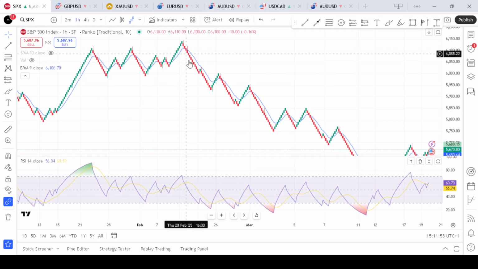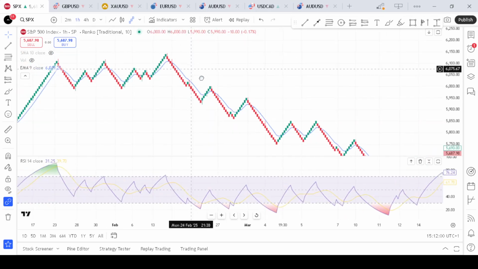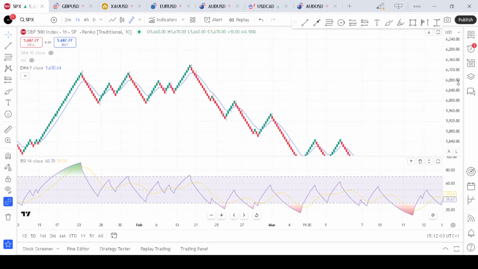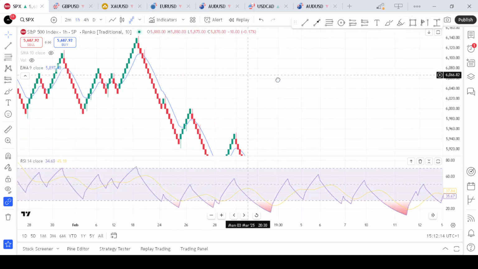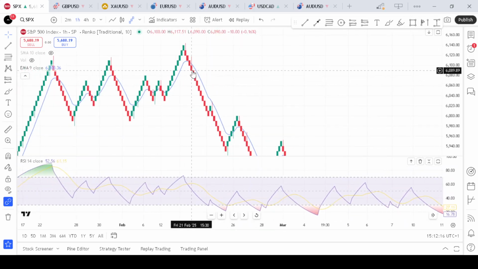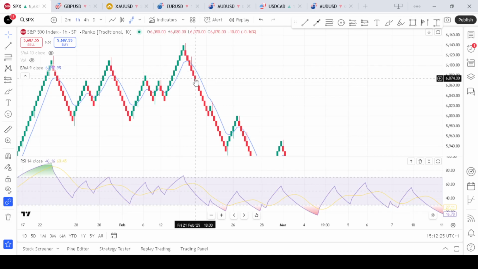Now when price is below the EMA and you see consecutive bricks, you can see 3 consecutive red bricks at this area. This signifies that we are in a downtrend because, first of all, price is below the exponential moving average, and price has formed 3 bricks, signifying we are in a downtrend. So this is how we can spot that.